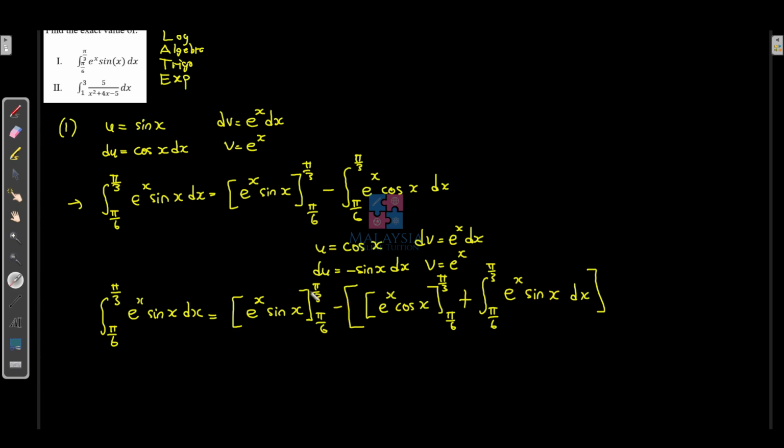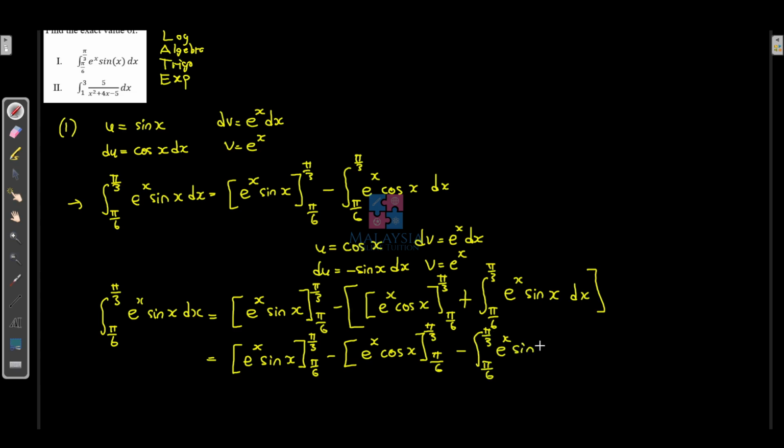Now we can expand the negative first. So we have e to the power of x sine x from pi over 6 to pi over 3, minus e to the power of x cos x from pi over 6 to pi over 3, and then negative and positive gives negative, the integral from pi over 6 to pi over 3 of e to the power of x sine x dx.